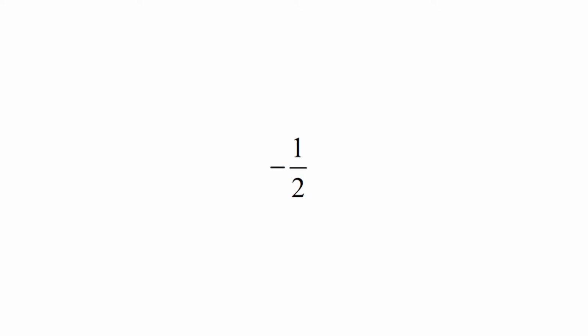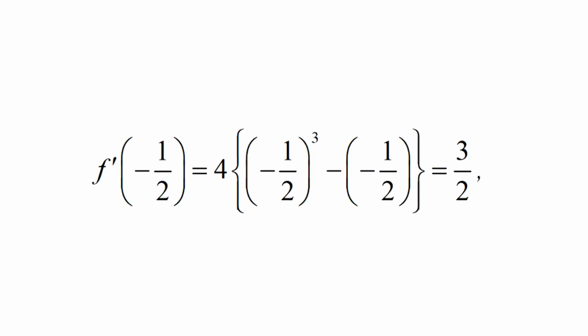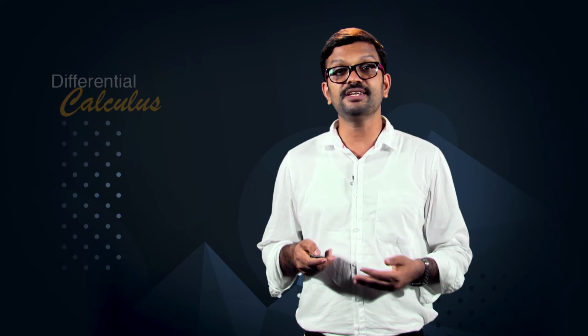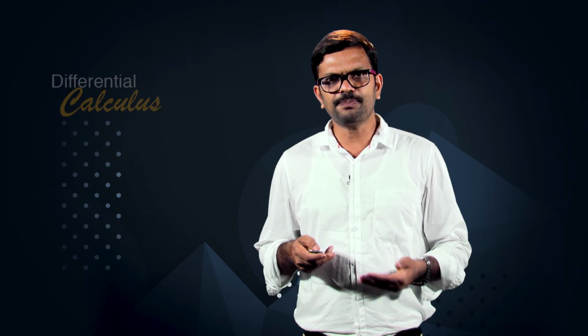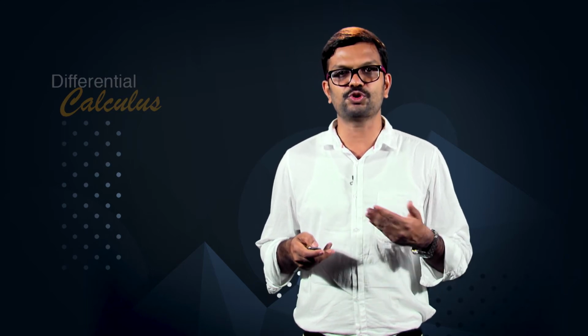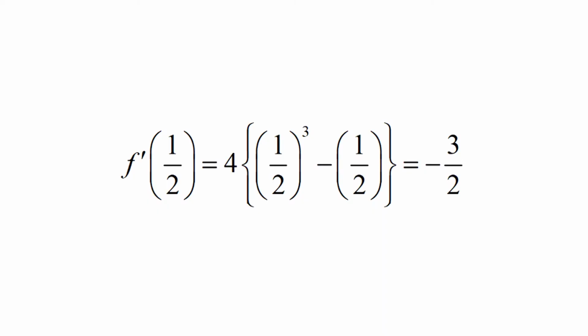Similarly, taking the point minus half in the open interval minus 1 to 0, we see that f'(minus half) is equal to 4 times minus half to the power 3 minus of minus half, which is equal to 3 by 2, a positive number. So, f(x) is strictly increasing in the interval minus 1 to 0. Now, taking the point half in the open interval 0 to 1, we see that f'(half) is equal to 4 times half to the power 3 minus half, which is equal to minus 3 by 2.